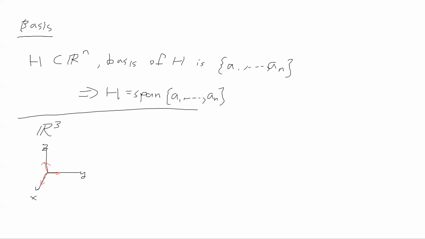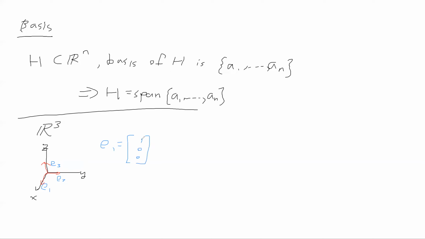So these three axes actually form the three standard basis vectors. They are called E1, E2, and E3. And E1 is 1, 0, 0.